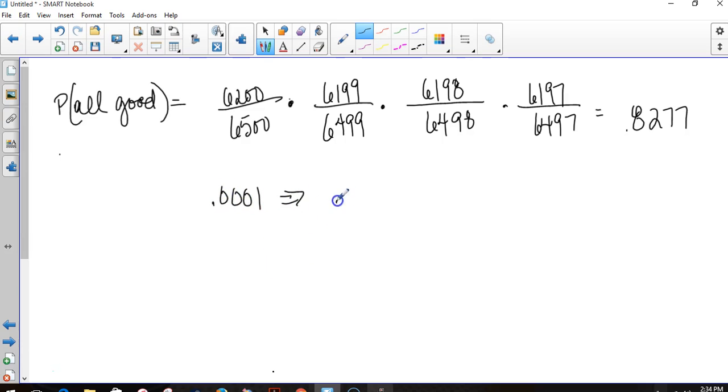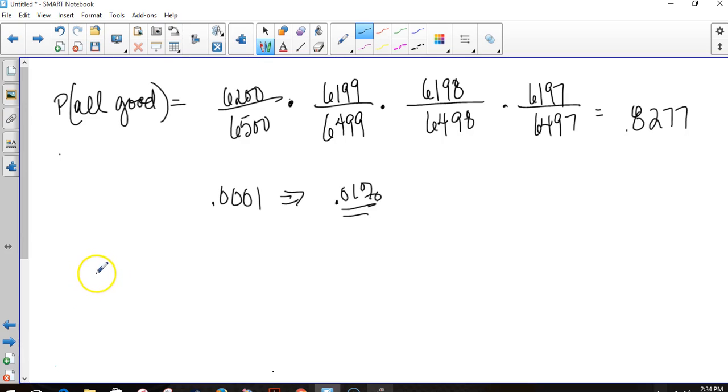So I'm talking about 0.01%. Much, much smaller than the 5% rule. So if the impact of removing 1 is going to be representative of less than 5% of your overall total, then we can go ahead and pretend that these guys are independent, that what happens first won't impact what happens next.